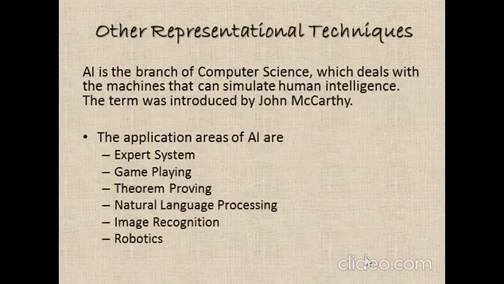AI is a branch of computer science which deals with the machines that can simulate human intelligence, and this term was introduced by John McCarthy, the father of artificial intelligence. We have also seen that application areas of AI are almost universal. It is used in expert systems, game playing, theorem proving, natural language processing, image recognition, and robotics.